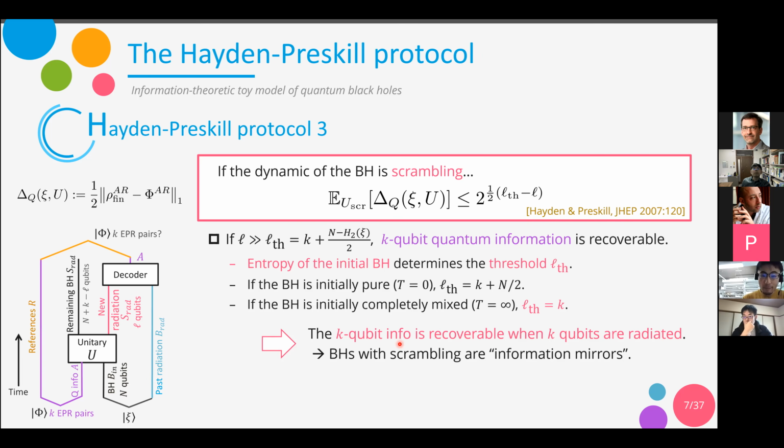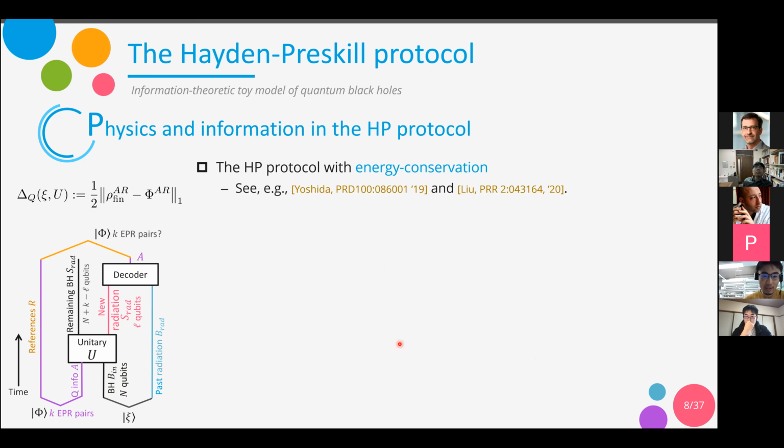Okay, so this is a brief overview of the Hayden-Preskill protocol. And after this proposal, there are several extensions of the protocol. For example, in these papers, they argued what happens if the dynamics of the black hole is energy conserving.